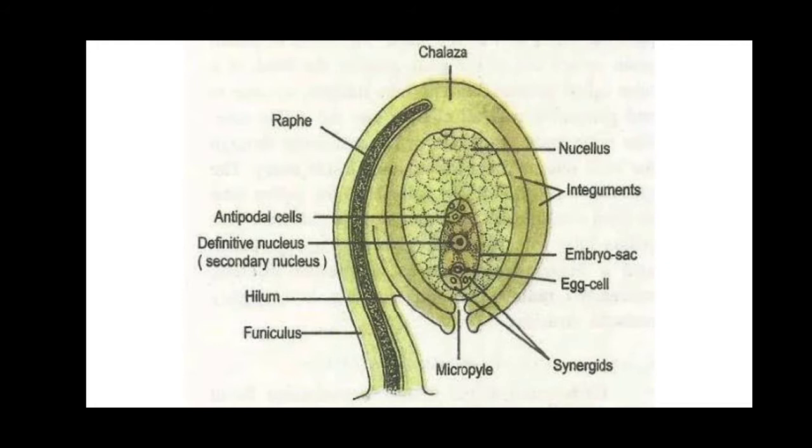Now, they have a narrow pore. These integuments do not entirely cover the embryo sac; rather, there is a small pore right there called the micropyle, through which you can see the pollen tube enter inside the ovule.